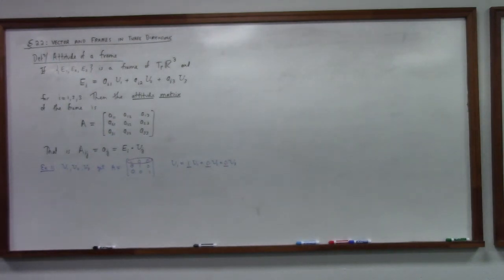Similarly, U2 is 0 U1 plus 1 U2 plus 0 U3, so we get 0, 1, 0 for the middle row, and so forth for U3.